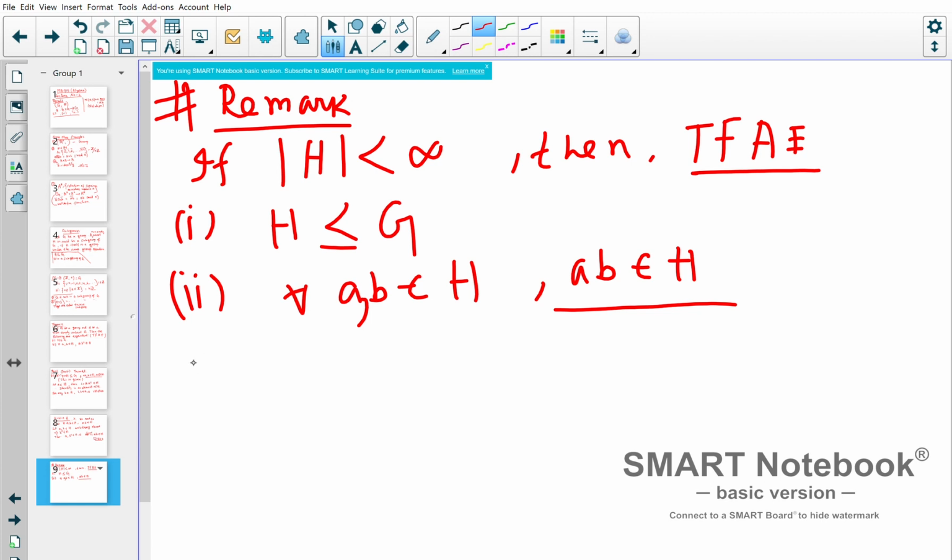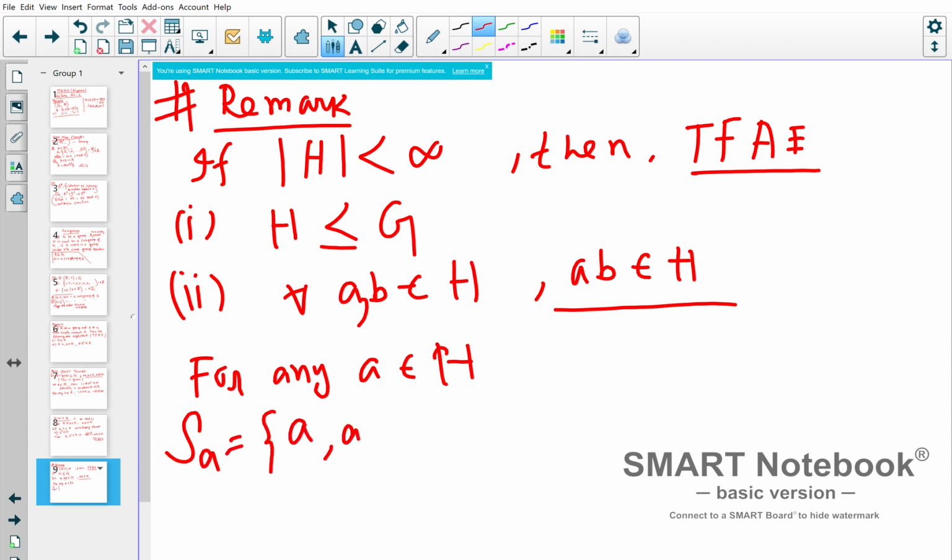So given any A belonging to H, you define the set, say S_A, by A square, meaning A into A, then A cube, A into A into A, and so on. And this is a subset of H.